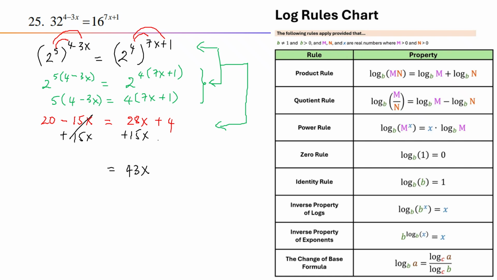Now, we minus 4 both sides so that we isolate the 43x on the right hand side. So on this side it is gone, the number is gone. So 20 minus 4 is 16. Okay, now we divide both sides by 43, so that we have x equal 16 over 43.